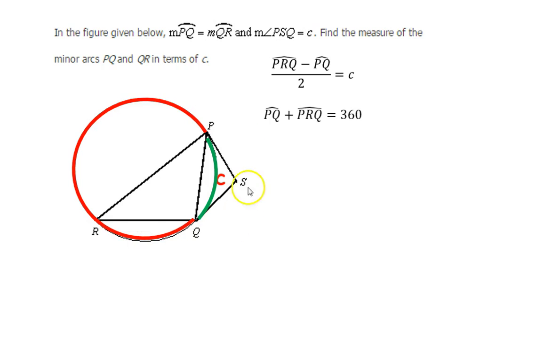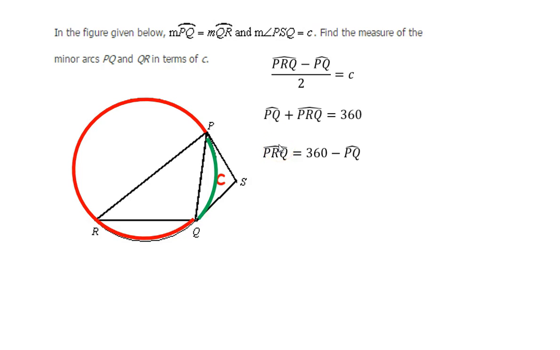So let's solve this for PRQ. Let's subtract PQ on both sides, because if PQ plus PRQ is equal to 360, then PRQ is equal to 360 minus PQ. So this is what PRQ is equivalent to.